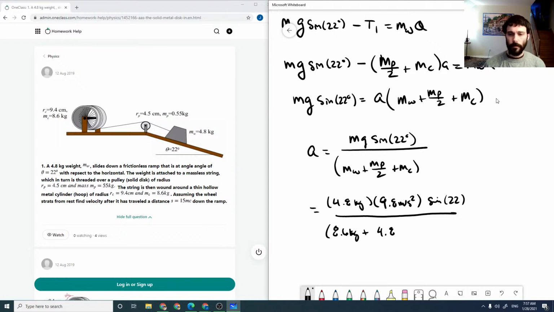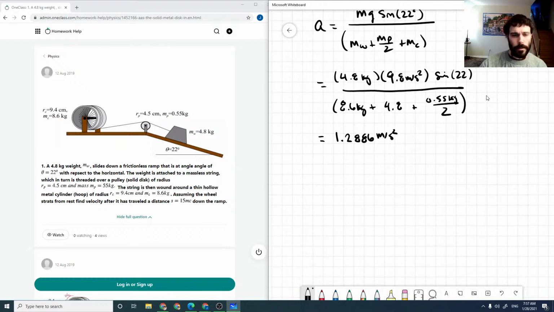What did I do here? Mass of the cylinder, that is the mass of the weight, and the mass of the pulley is 0.55 over 2. Sorry, I kind of swapped those. And if we do this out on our calculator, we get 1.2886 meters per second squared. And now finally, we've got our acceleration.